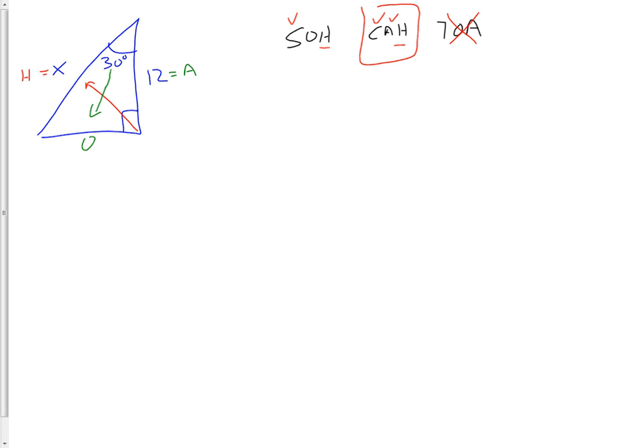If I use my cosine ratio, cos theta, or cos of some angle, is equal to the adjacent side divided by the hypotenuse. Now I'm going to substitute values in. So cos of 30 degrees is equal to 12 over x.